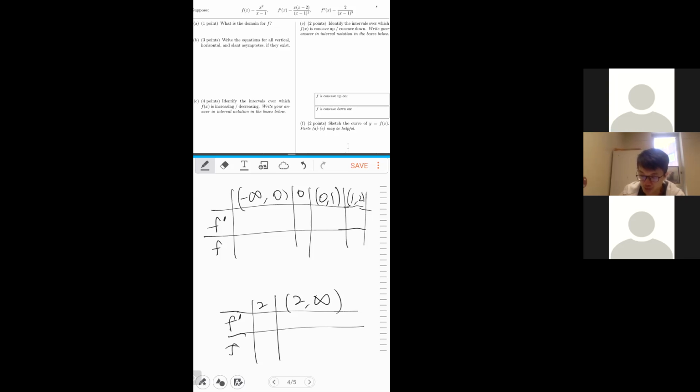Positive. The derivative was x times x minus 2 divided by x minus 1 squared, so if you plug in negative 5, it's positive. Then you do the same for 0 to 1. You can pick 1/2, positive or negative?